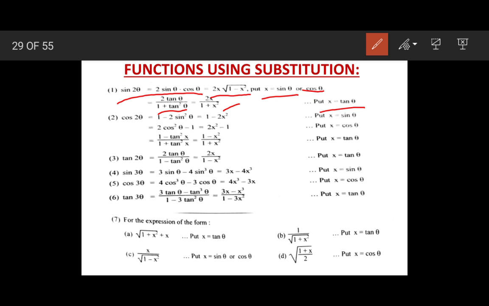Then cos 2 theta formula, there are three formulas for cos 2 theta. First is cos 2 theta is 1 minus 2 sin square theta, and when we put x as sin theta, then we get 1 minus 2x square.